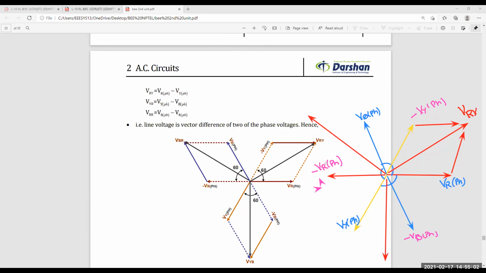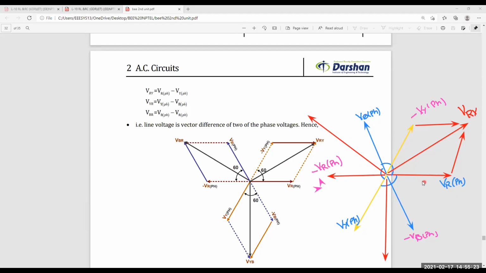The addition of these two is called VBR, and the addition of these two is called VYB. In this way you will get the different line voltages, the relation between line and phase voltages, in the phasor diagram.